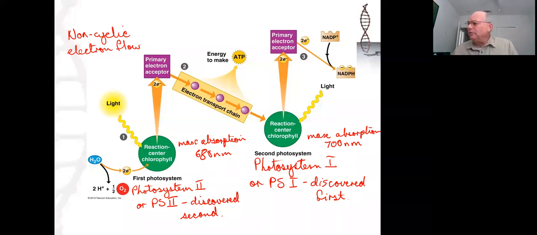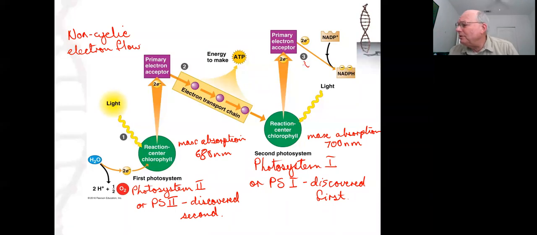So the way I like to talk about this is to start with photosystem 1, because that's the source of the electrons that are used directly to reduce NADP plus to NADPH. So when this is activated by light energy, light comes in, strikes the photosystem, it generates a pair of electrons. The electrons are captured by the primary electron acceptor and passed into an electron transport chain.